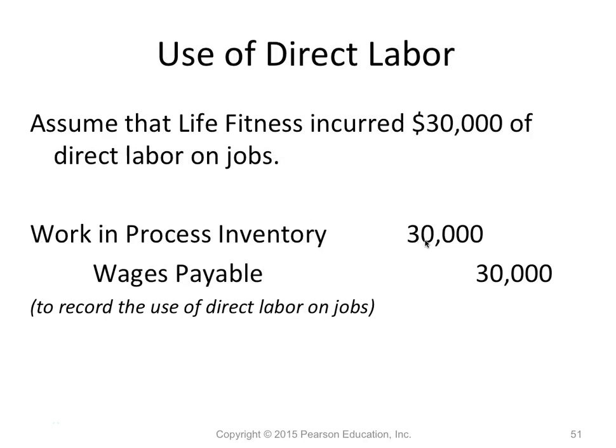So for the direct labor, okay, we're using $30,000 of direct labor. We have to consume that. And so work in process inventory is going to increase at the cost of $30,000, and wages payable will be $30,000. This is the direct labor, which will be paid as wages to those people who are working on the production line.